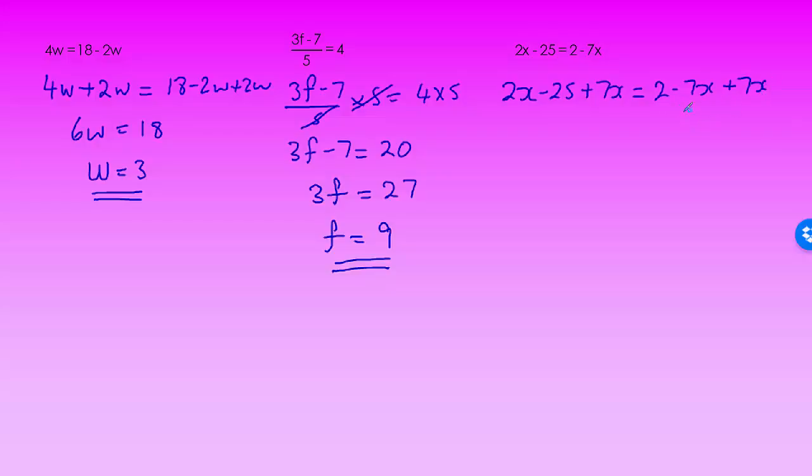And we can see that these will then cancel each other out. 7x and 2x is 9x. So I've got 9x, take away 25, equals 2. Add 25 to both sides. 9x is 27. Divide both sides by 9. X is equal to 3.